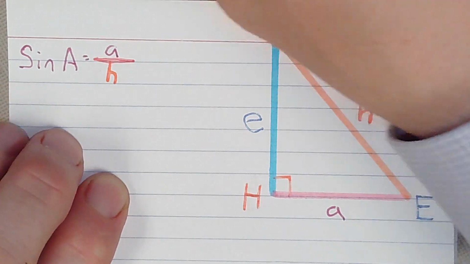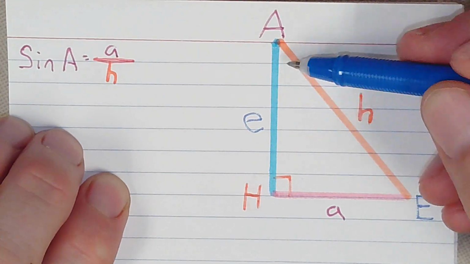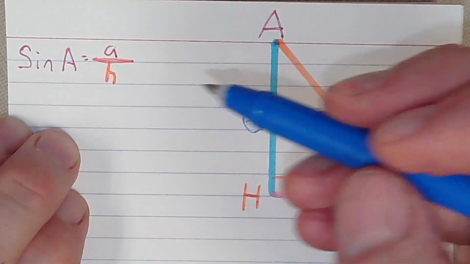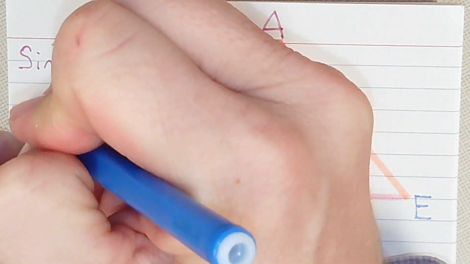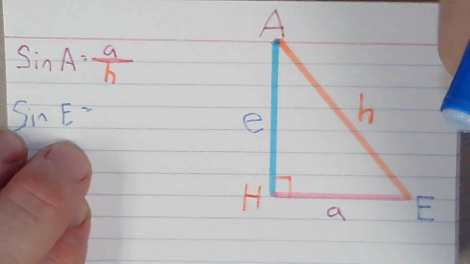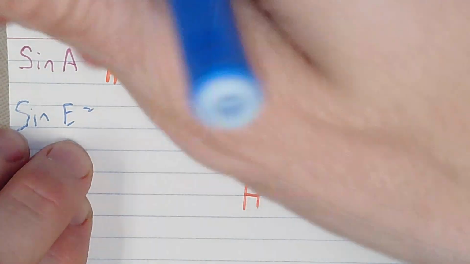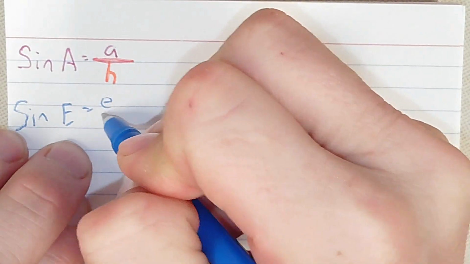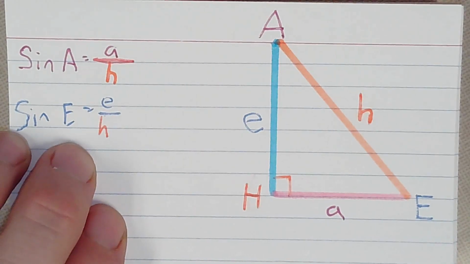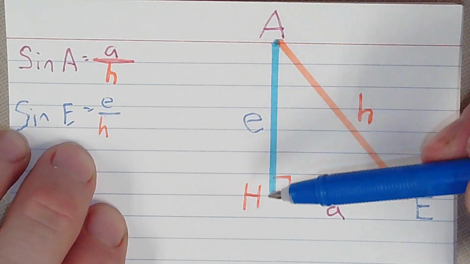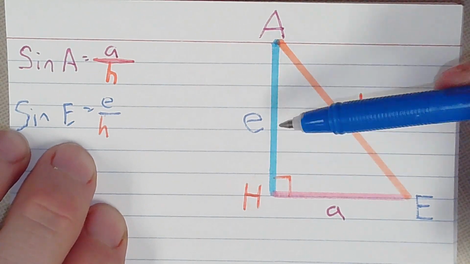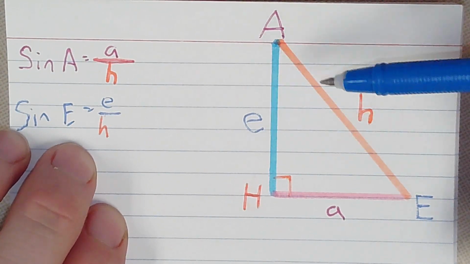And then if we wanted to figure out this line segment length over the hypotenuse, we could use the sine of E. The sine of E equals E divided by H, because it is the opposite of E divided by H. It would be opposite over hypotenuse.